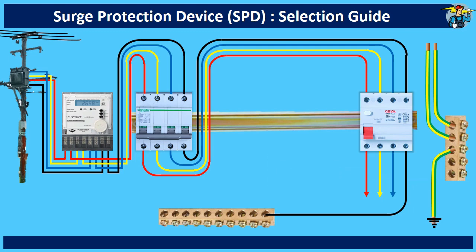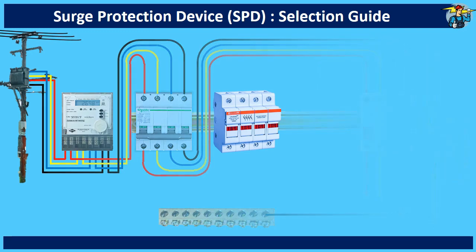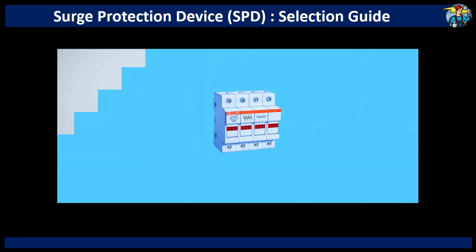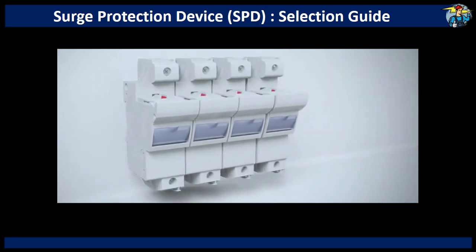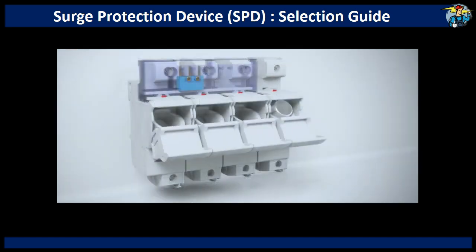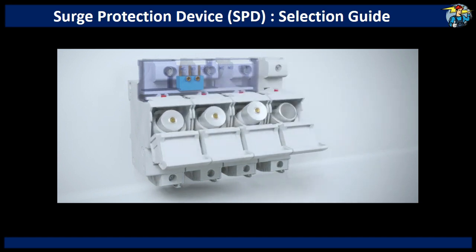Before fixing the SPD, it requires an OCPD, that is an overcurrent protection device, to be connected in line with the SPD. Typically, this should be a cylindrical fuse holder, with the correct rated fuses intact. This is to isolate the SPD in the event of a failure, most likely after a direct lightning strike, and will prevent short circuits of the main lines through its damaged or strained internal parts.